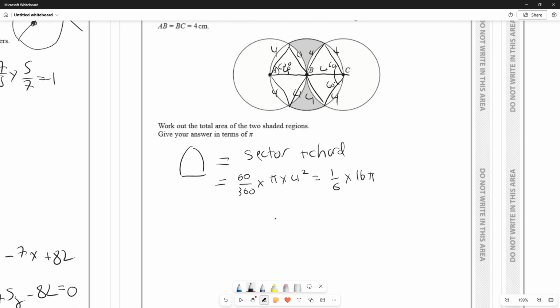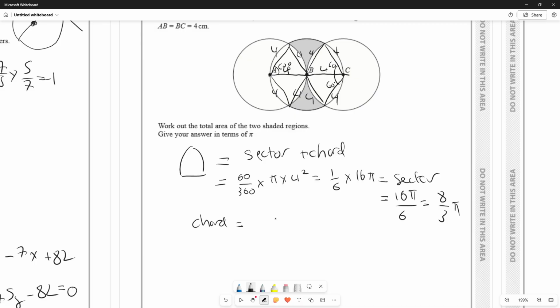Okay, that's the sector. Let's figure out the chord. I'm going to simplify this, which is equal to 8 over 3 pi. There you go. So the chord is equal to the whole sector minus the area of the triangle.